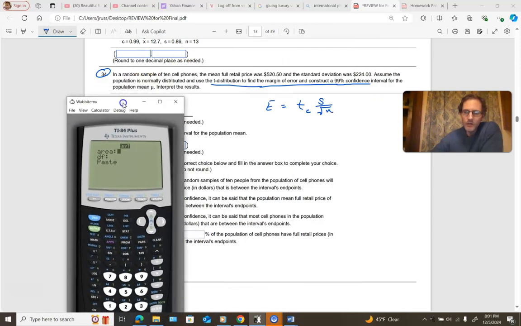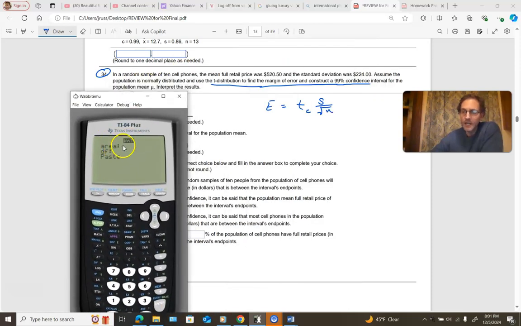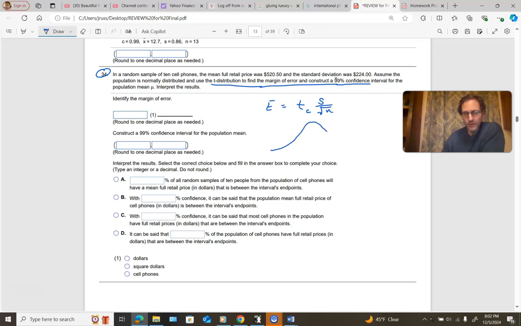And so it'll give us the critical t-score if we give it the area that's to the left of whatever this critical t-score is. Well, this critical t-score basically encapsulates 99% of the area under the curve. So that means the two tails have 0.5% in each one. So in other words, let me draw you a little picture. You remember, technically there's a negative one over here, and then over here there's a positive one because this is symmetric.